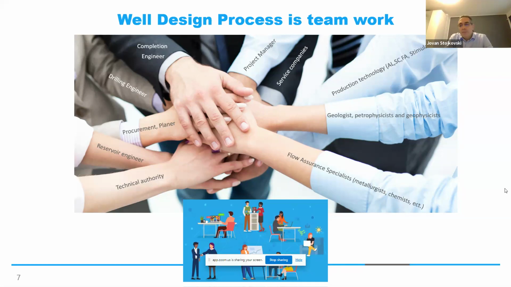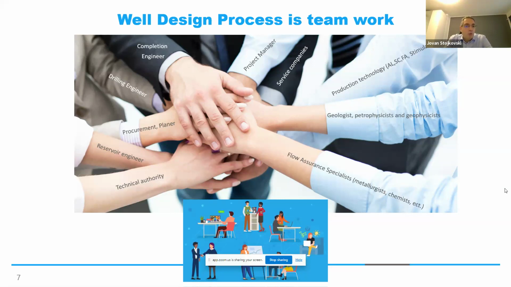We interact very closely with production technology engineers, as I mentioned, for artificial lift if it's needed, sand control, flow assurance, and simulation. I will explain later why they are key players in the completion engineer role. We have geologists, petrophysicists, geophysicists, and flow assurance specialists for the metallurgy and chemicals.